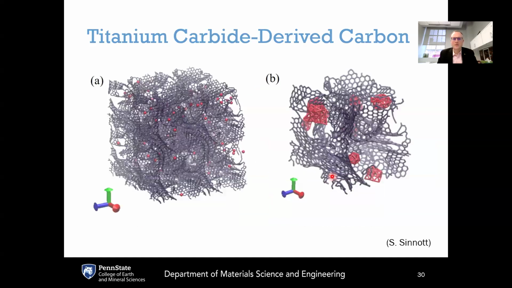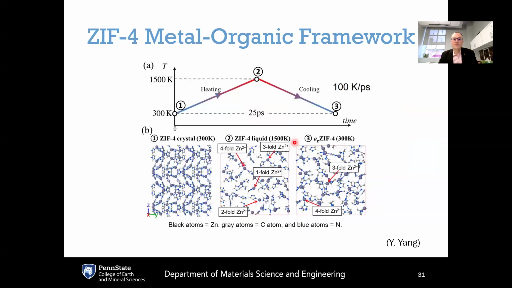Here's another example from Susan Sinnott's work. This is a titanium carbide derived carbon that has carbon as well as titanium carbide in there, and having some rather complicated microstructures here with different types of bonding. And with these reactive potentials that she and her group have developed, she's able to get both of those types of bonding. This is an example from my group, from an assistant research professor in my group, Yongqiang Zheng.